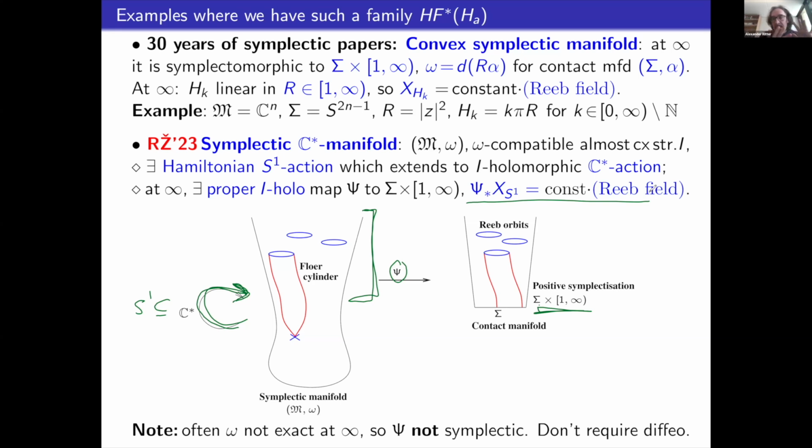This maps down by the psi map to red orbits, so I have an idea of what the generators are, and the condition that this psi is holomorphic means that I also know how the Floer equation of these Floer cylinders maps downstairs. So I have some control of the Floer theory at infinity, which is a crucial thing you need in order to make sense of Hamiltonian Floer cohomology, but also, for example, quantum cohomology in the non-compact case.